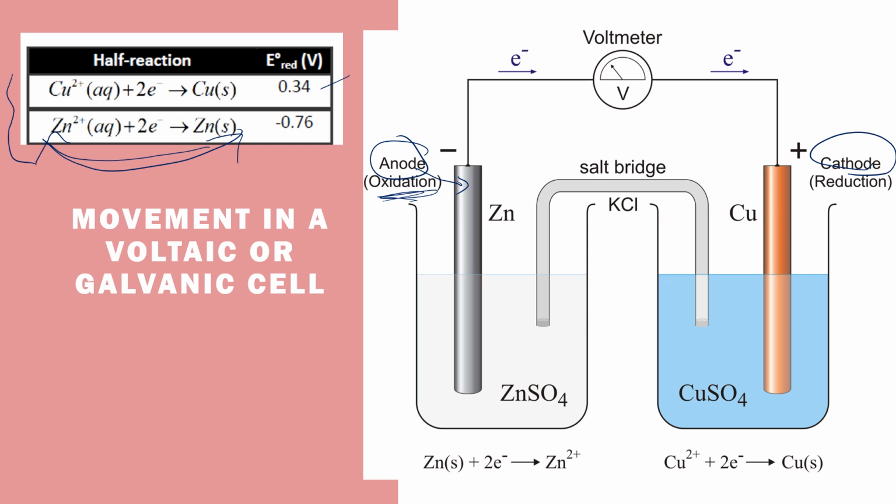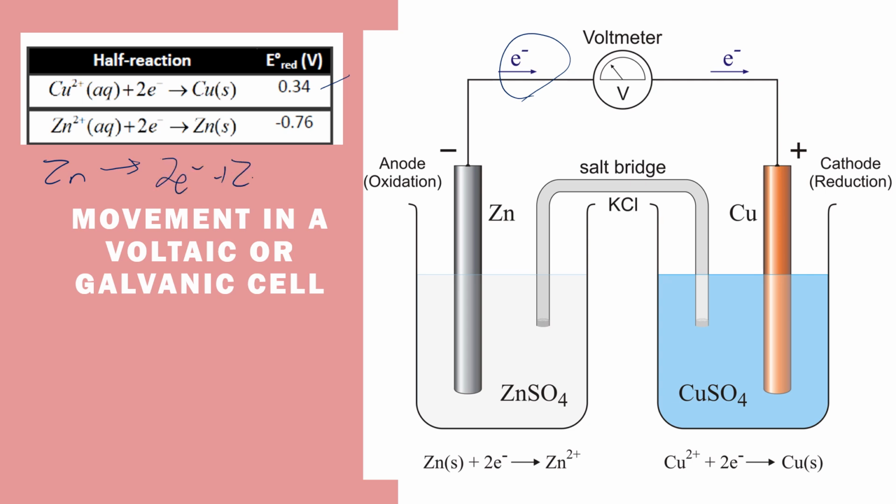All right. Now let's talk about what is moving around in this cell when it's reacting. The electrons are going to travel from the anode to the cathode. Let me rewrite this zinc reaction so it looks like oxidation. Zinc goes to 2 electrons plus the zinc 2 plus ions.